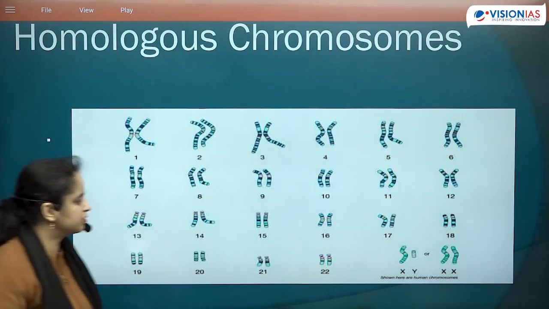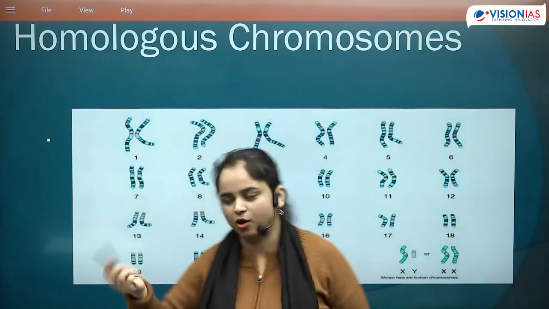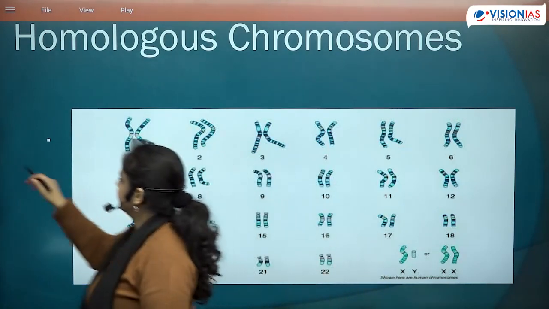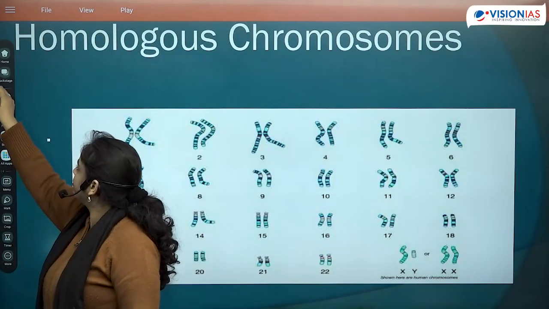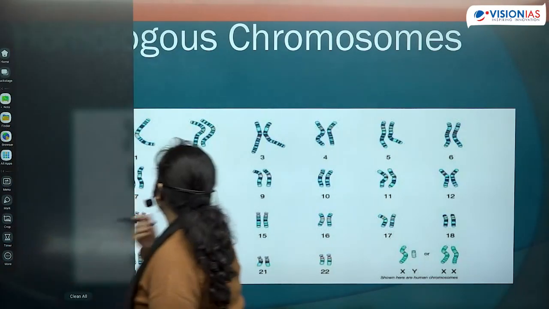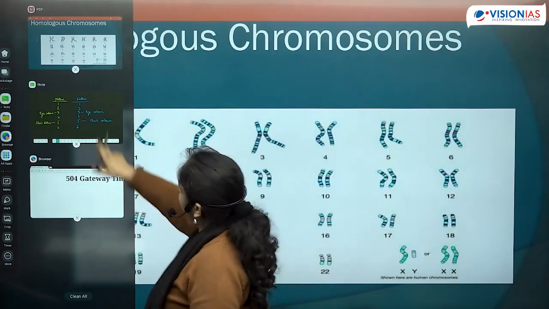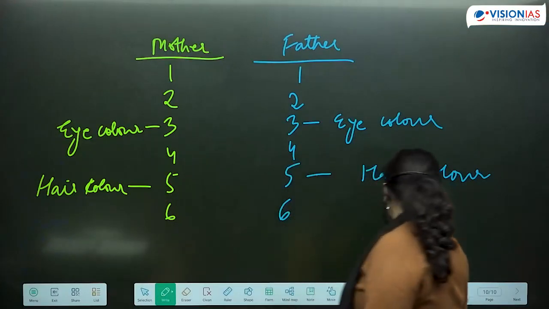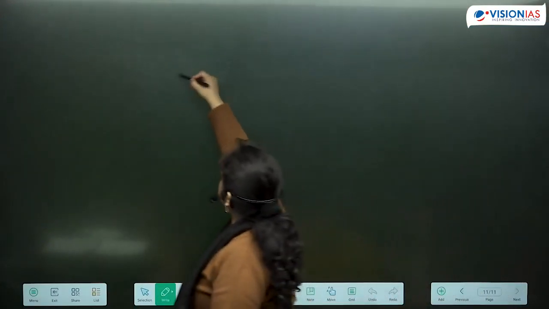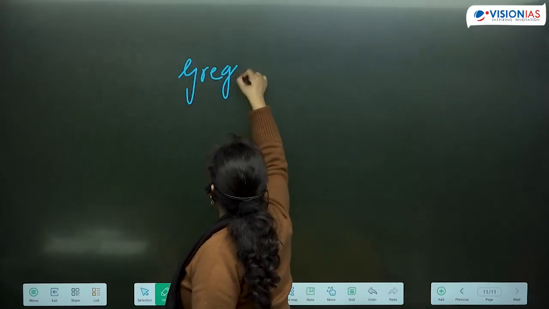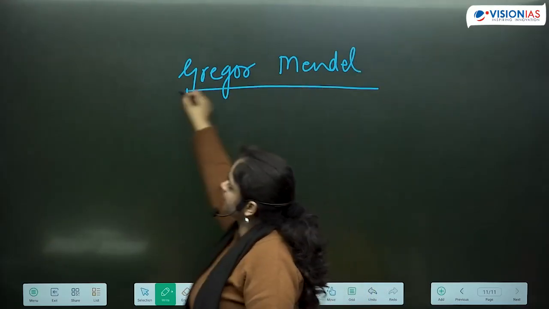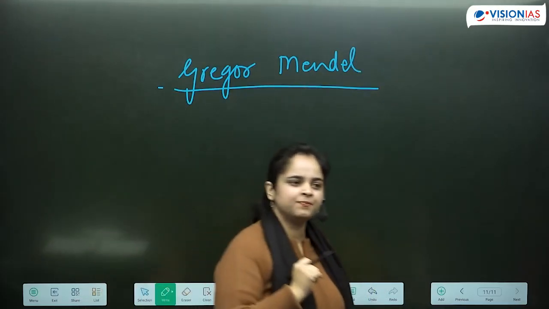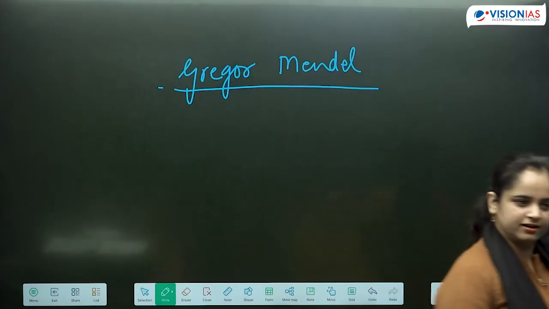Now we go to the next question, which is brown eyes or green eyes. To understand that, we are going to take help from the experiment of a very crazy scientist called Gregor Mendel. This man is the father of genetics.